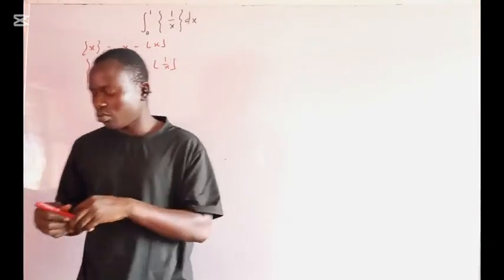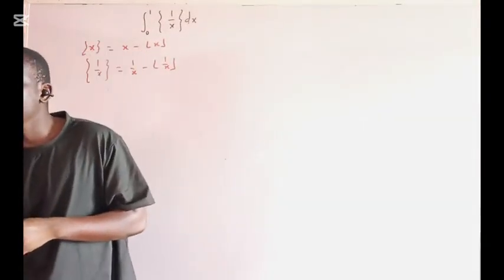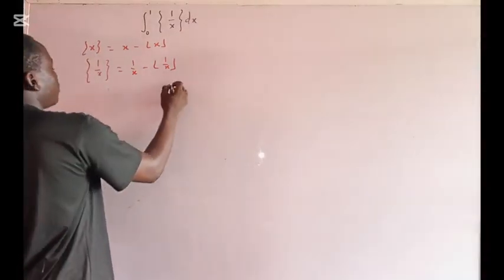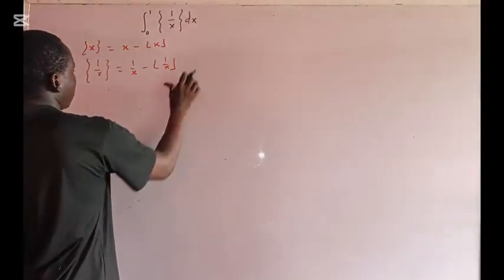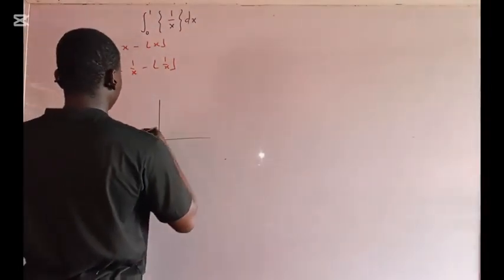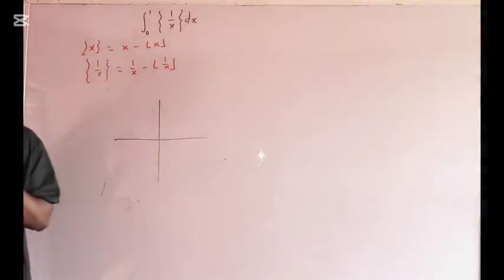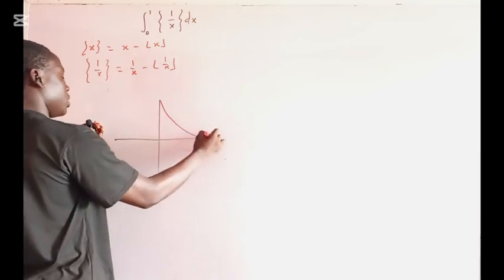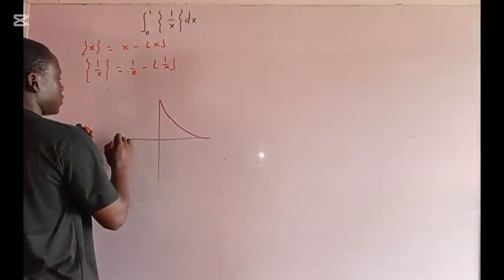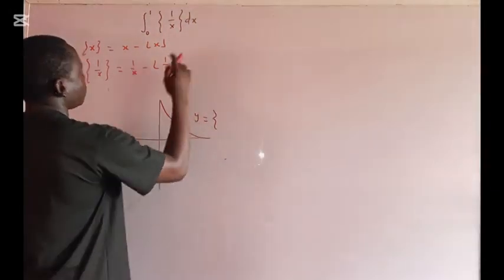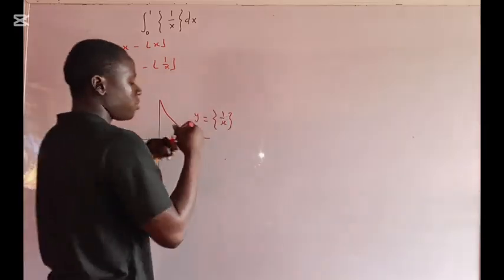Now I'd like to show the visualization of this quantity on the graph. If you plot it, the graph will look exactly like this. The quantity given to you is the fractional part of 1 over x, so this is y equal to the fractional part function of 1 over x.